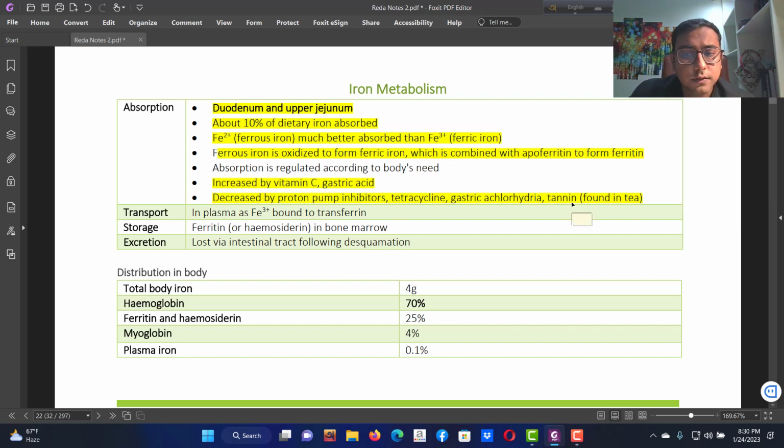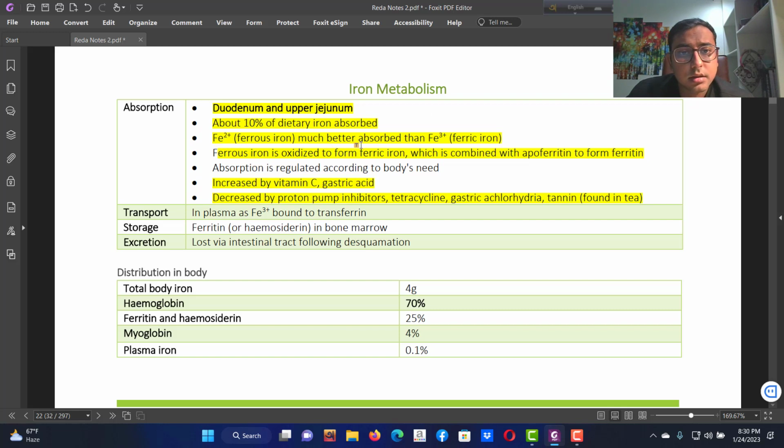Drinking a lot of tea will decrease iron absorption. Okay, increased by vitamin C and gastric acid. Vitamin C helps in iron reabsorption.